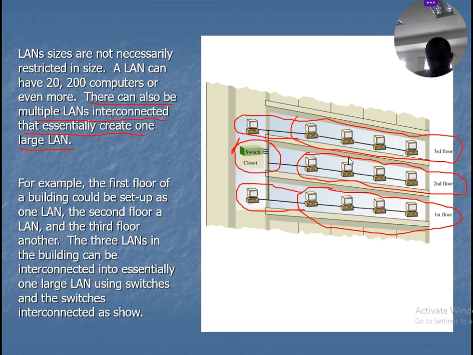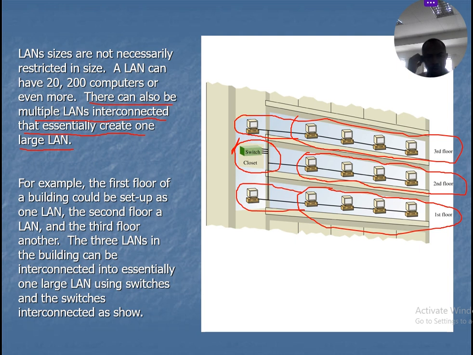So within this one building, let's assume that the first floor has its own small local area network, LAN. You can call it LAN 1, because it's on floor 1, and then the second floor has its own small local area network, which we can call LAN 2, and then the third floor has its own small local area network, which we can call LAN 3.